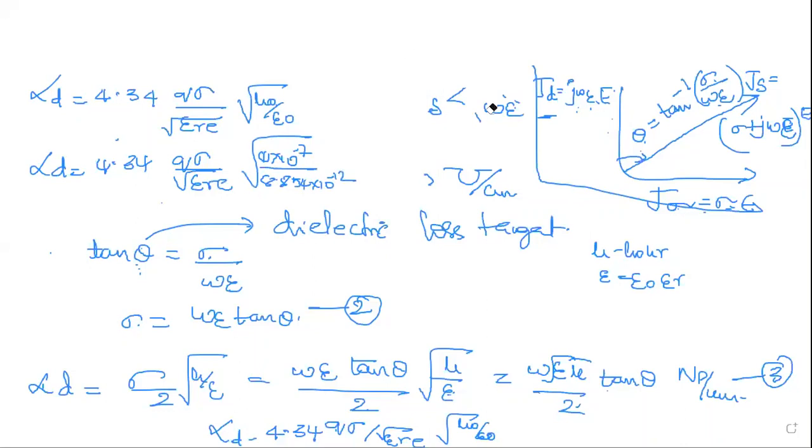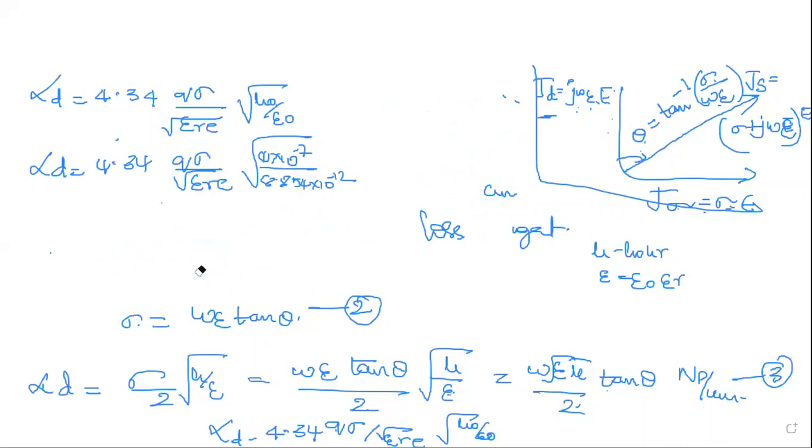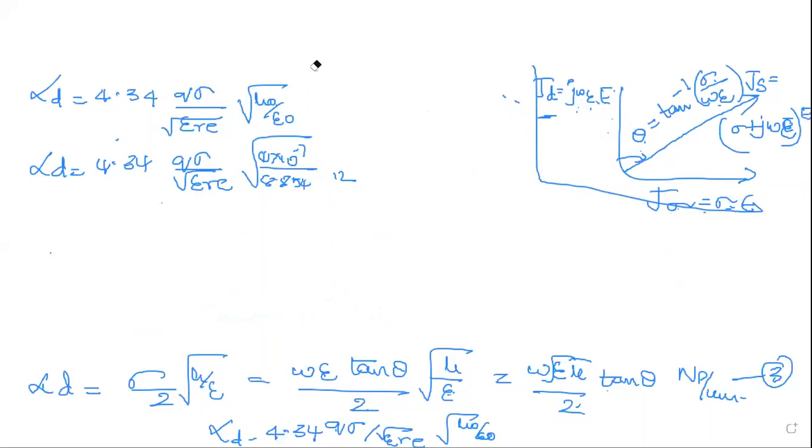So the equation what you get for this, just check, it should be 1.634 into 10 power 3 q sigma by square root of epsilon re, where this is in terms of dB per centimeter.